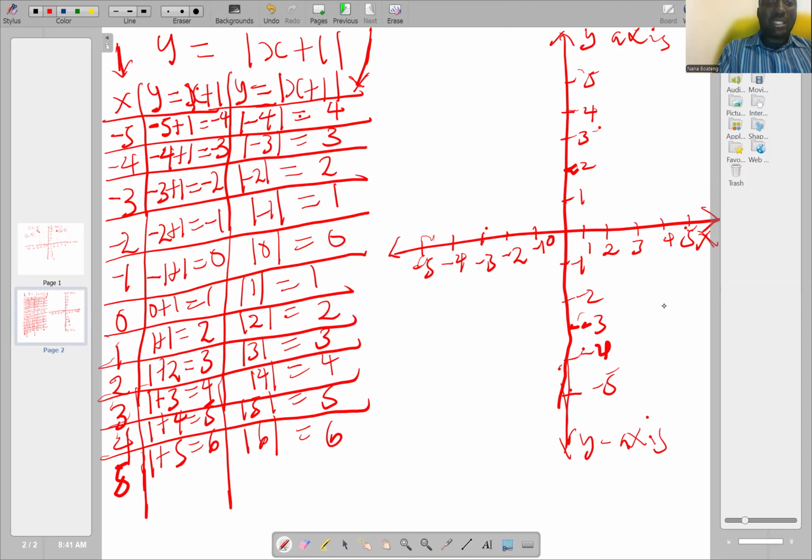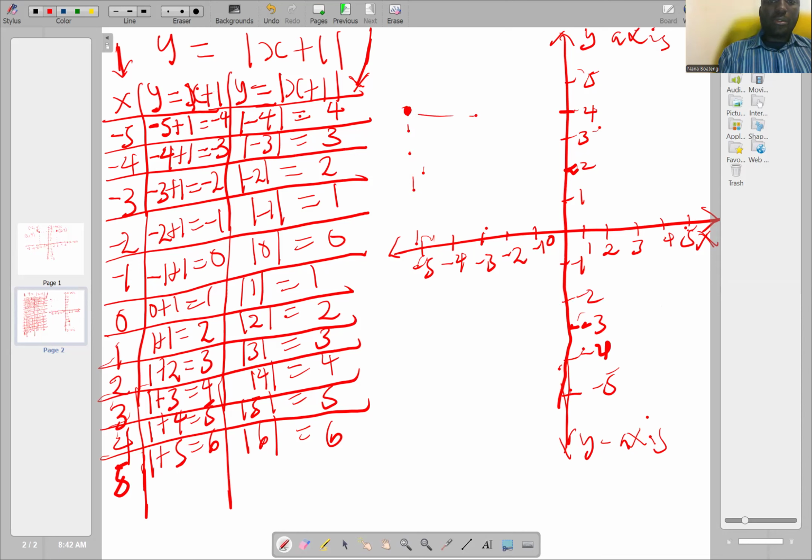So when x is -5, we move 5 units to the left, -5, and we move 4 units up. So -5 and 4 is about here.